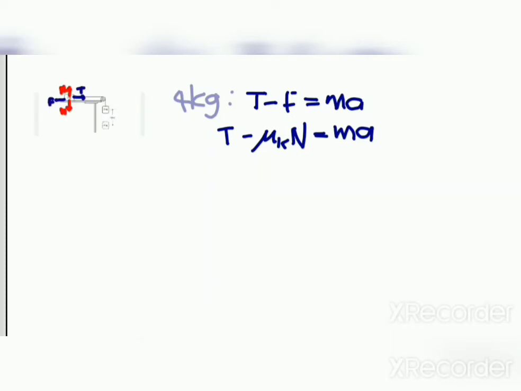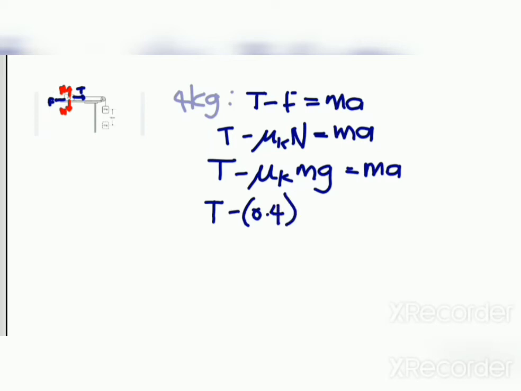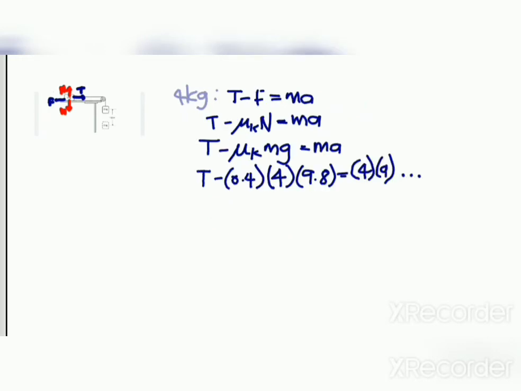So that means we've got T minus mu K mg equals ma. And if we substitute values in there, we are going to have T minus 0.4, which was given as the coefficient of kinetic friction. Mass is 4. We're looking at the 4 kilogram block now. Gravity is always 9.8 is equal to mass again is 4 times acceleration. So that gives us our equation 1.